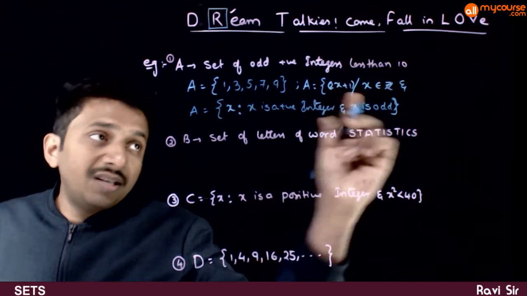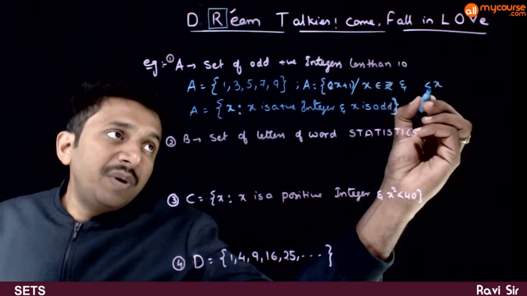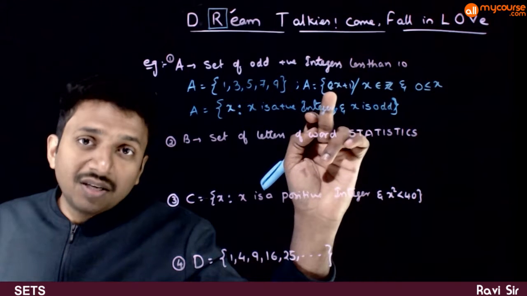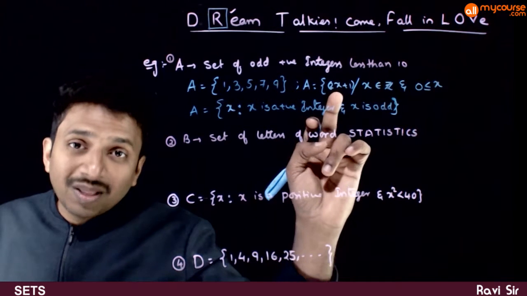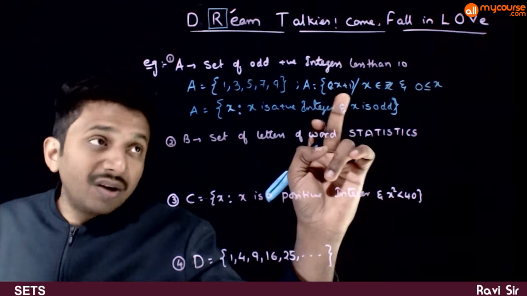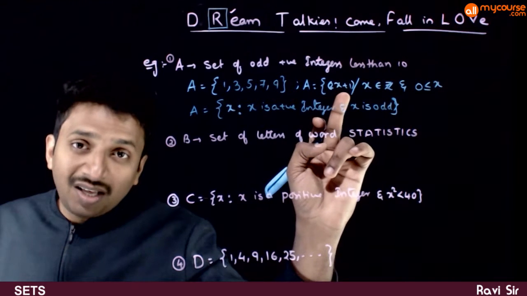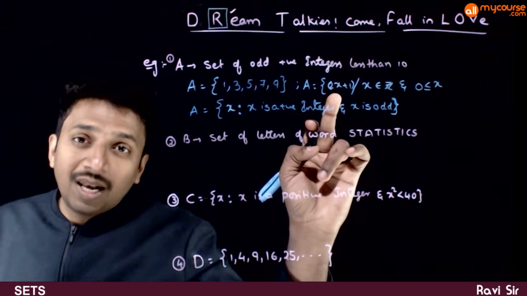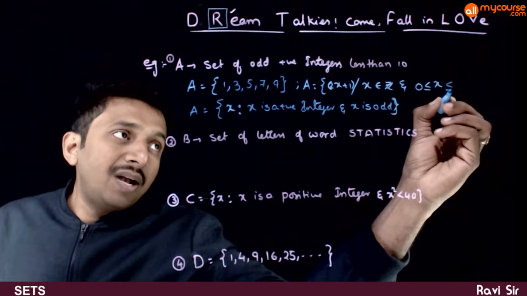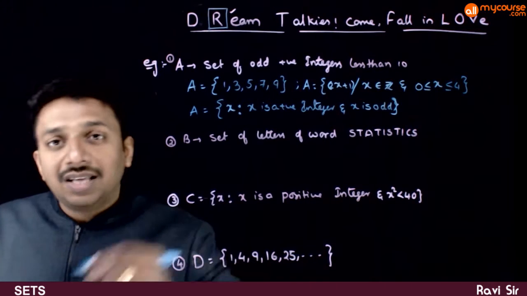So x can start from 0. If x is 0, the element becomes 1. If x is 1, the element is 3. If x is 2, the element is 5, x is 3, the element is 7, x is 4, the element is 9. So I want only elements till 9. So 0 less than or equal to x less than or equal to 4.